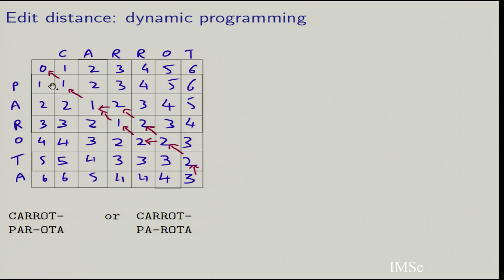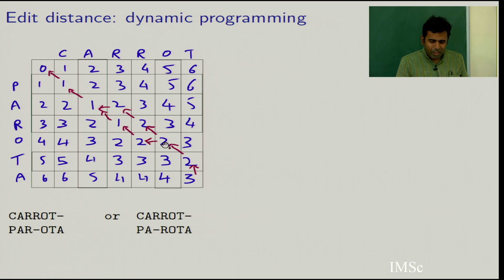Having made this match of C and P, all of these are terrible, but all of these come from here. This could in principle also come from here, and so on. We do not really care about that here, but for example, when you look at this 2 here, this is a match between CARRO and PARO, and it could have actually come from 2 possible places.